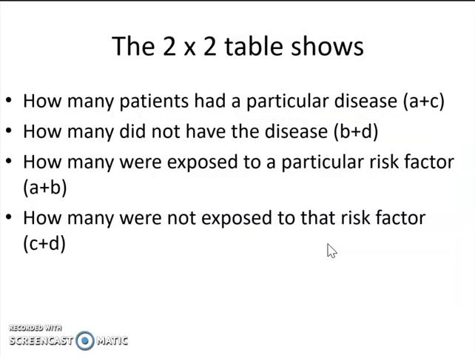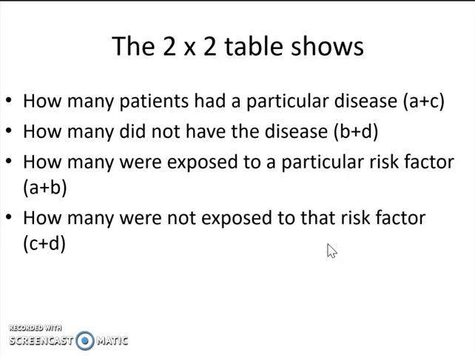The 2 by 2 table shows how many patients had a particular disease, that is A plus C. How many did not have the disease, how many were exposed to a particular risk factor, and how many were not exposed to that risk factor.